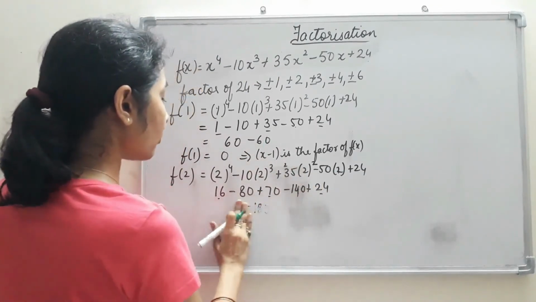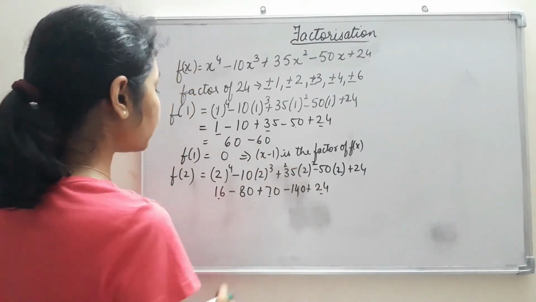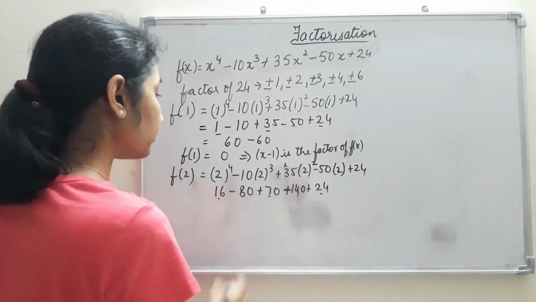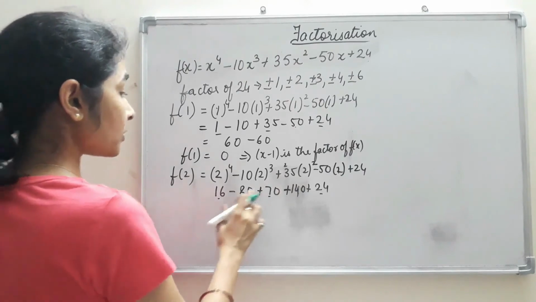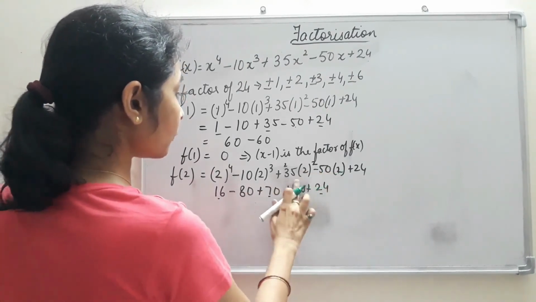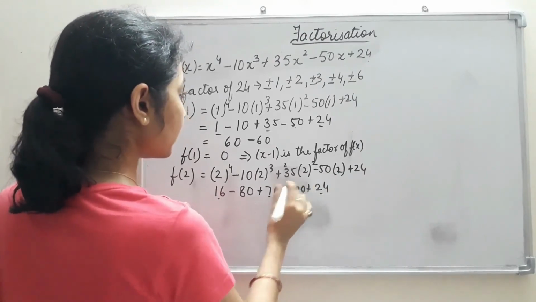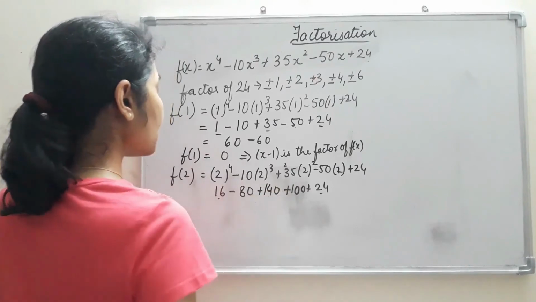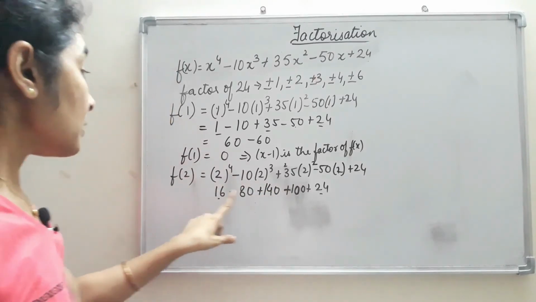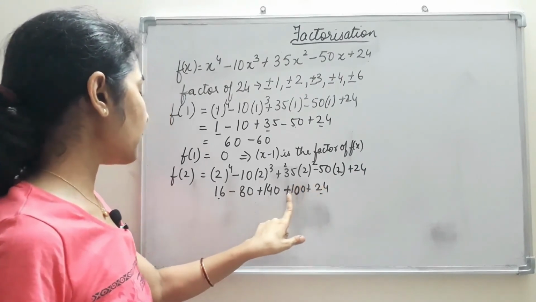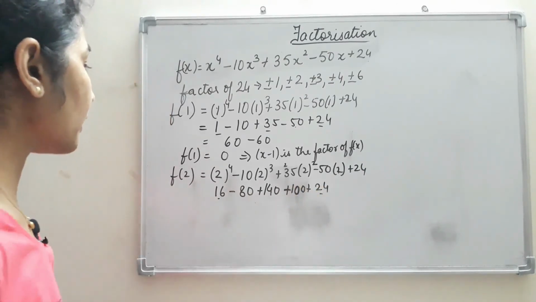Here it will be 140, and it is positive here, positive, negative here, and negative here. 50 into 2, it is 100 here, and here it is 35 into 4, that is 140. Sorry. Now here 16 plus 24, it is 40, and 40 plus 100 gives me 140.